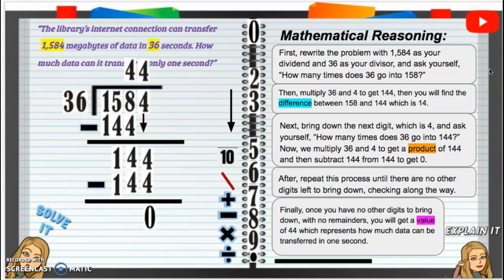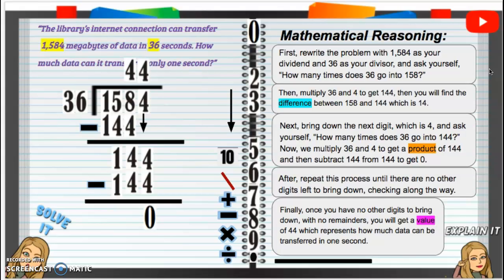Next, bring down the next digit, which is 4, and ask yourself, how many times can 36 go into 144? Now we multiply that 36 and 4 to get a product of 144, and then subtract 144 from 144 to get 0. After, repeat this process until there are no other digits left to bring down, checking along the way, of course.